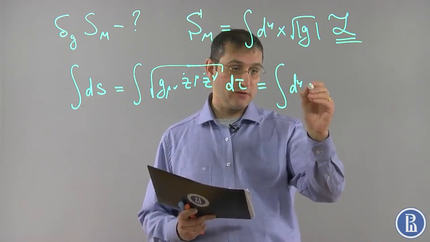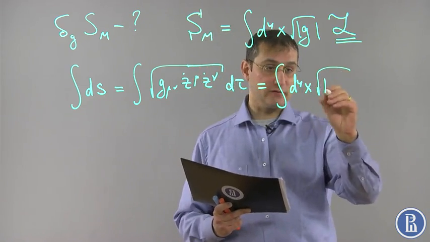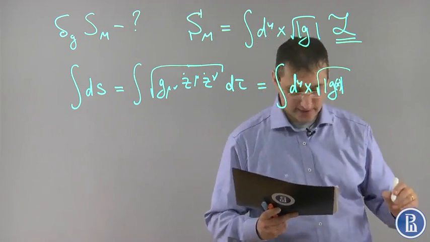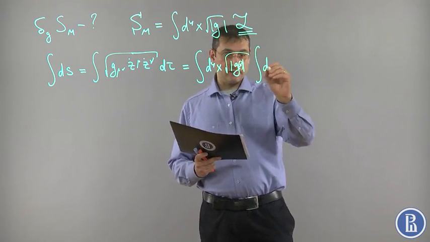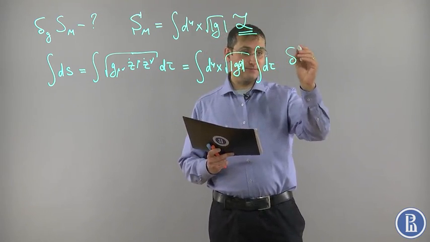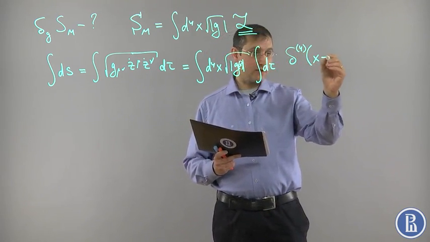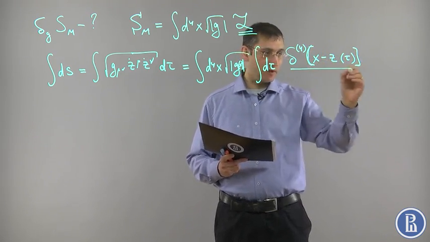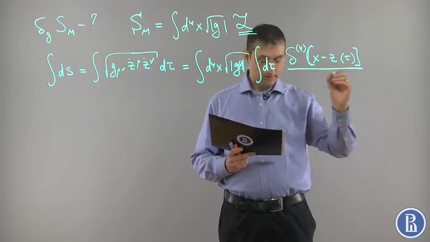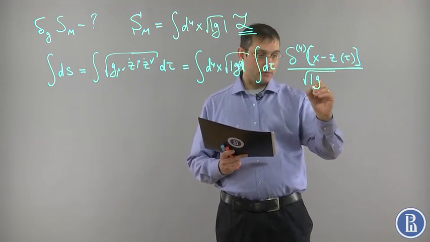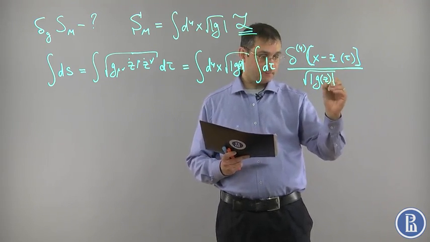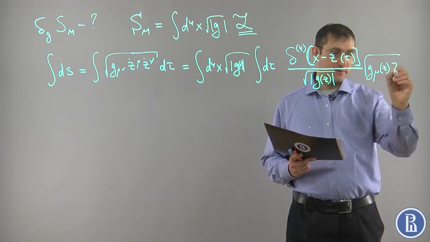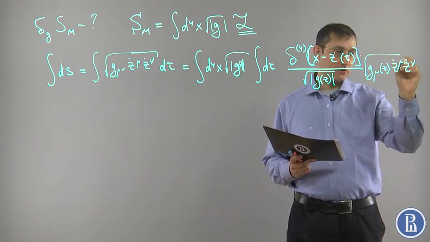So it's an integral over d4x square root of modulus of g of x, an integral over d tau delta 4 of x minus z of tau, divided by square root of modulus of g of z, multiplied by square root of g mu nu of z times z mu dot z nu dot.